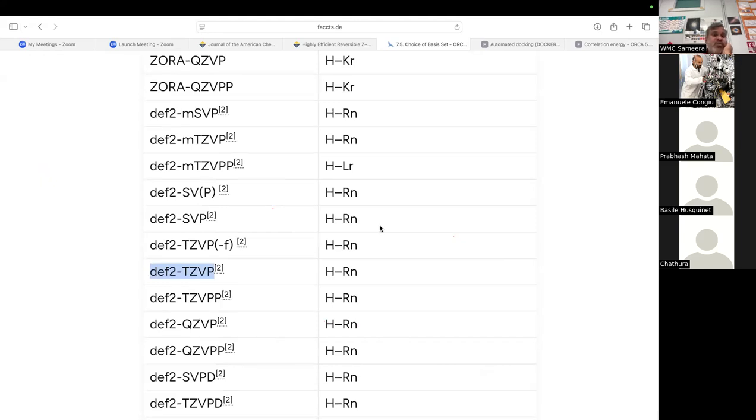I use this basis set in my research a lot. Or you can also use a single valence polarization. It is a relatively smaller basis set compared to triple zeta. Again, it depends on the size of the system and the resources you have. It's always a balance between that.